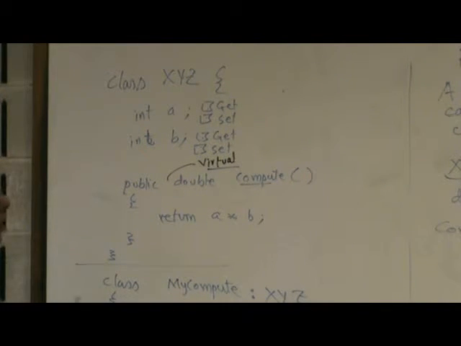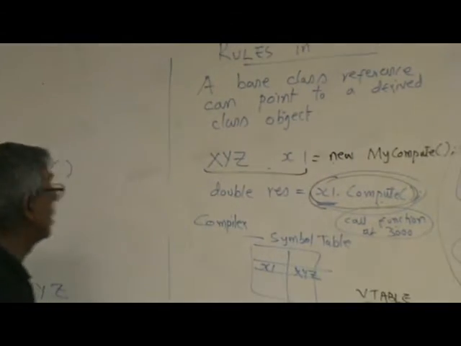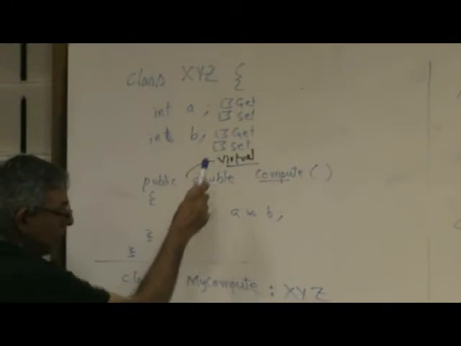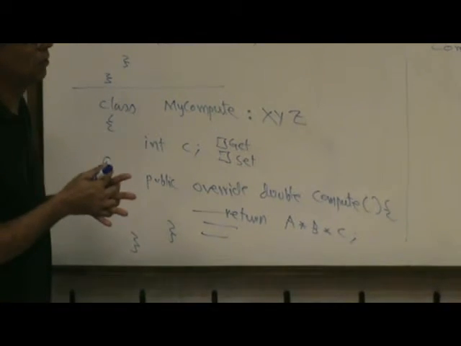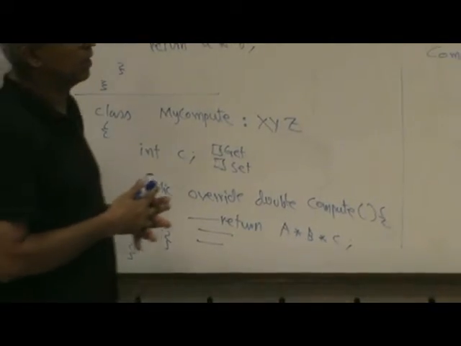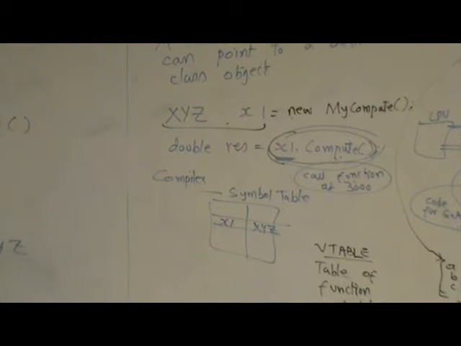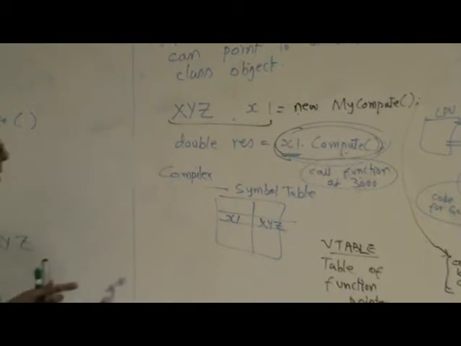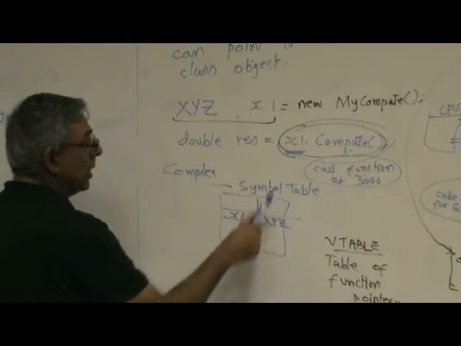Okay. So anyway, coming back to over here, now let's pretend we do have virtual, we do have override. So how will the computer know which function to call, and not end up calling the wrong function? So this is what the compiler does. Checks X1. X1 is of type XYZ.